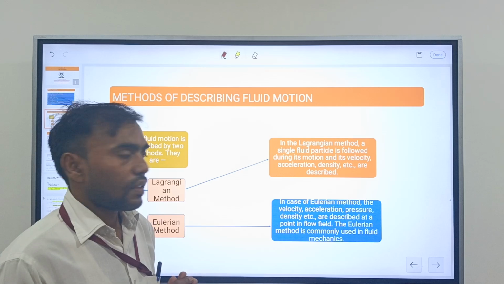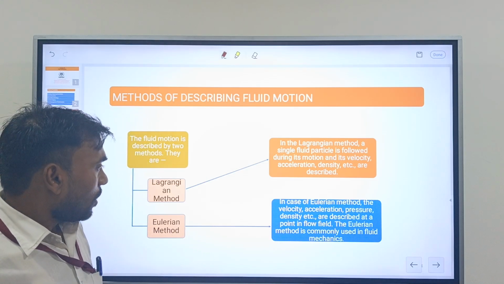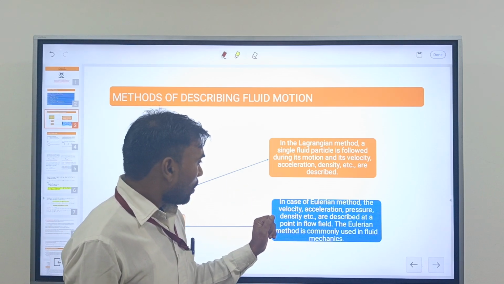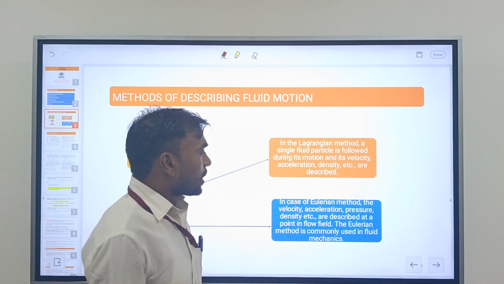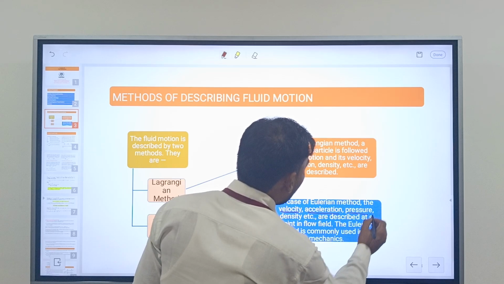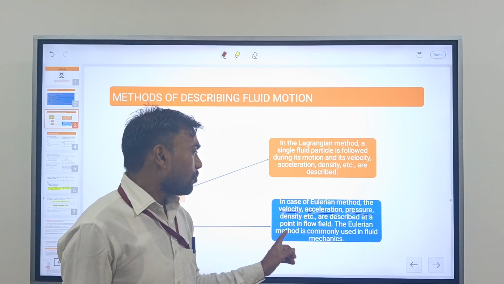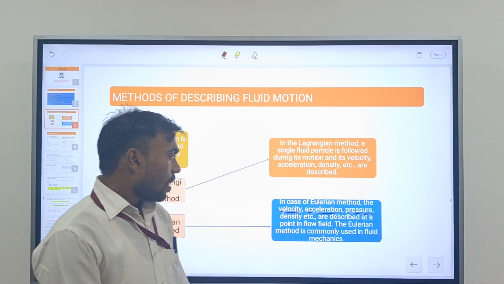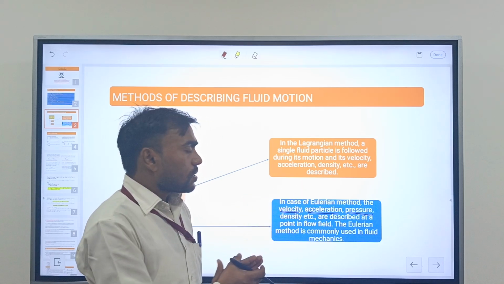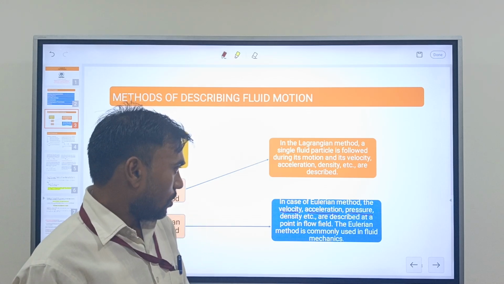Is it clear? Now the second case, the Eulerian method. In this method, the velocity, acceleration, pressure, density, etc. are described at a point in a fluid flow field, and based on these parameters, the whole fluid behavior is interpreted.